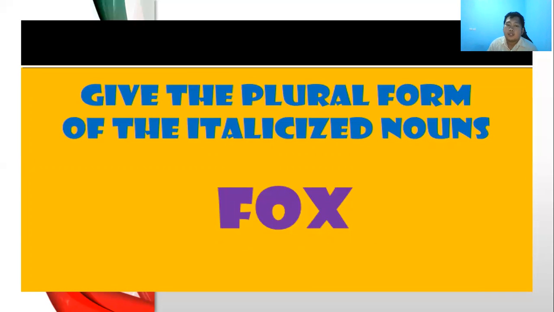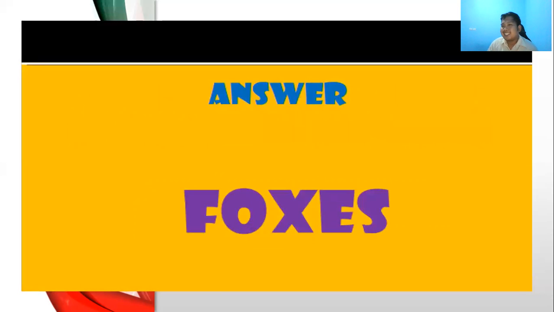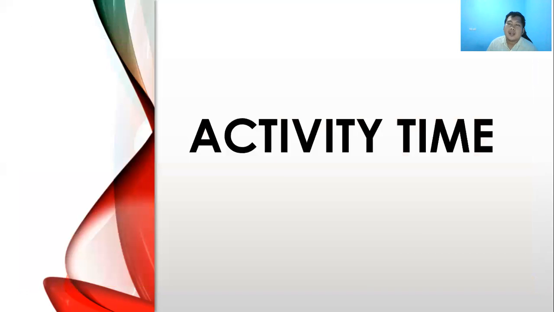I think this is the last one, if I'm not mistaken. Give the plural form of the word fox. What is the plural form of the word fox? Five, four, three, two, one. The answer is foxes.